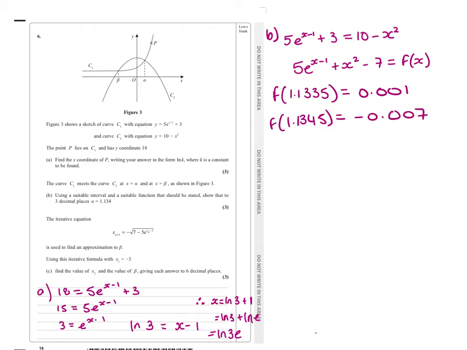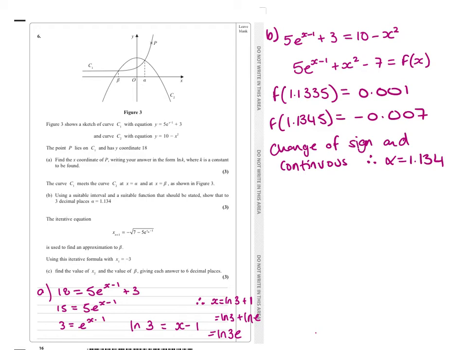So, change of sign, and continuous. Therefore, alpha equals 1.134. Okay, nice and easy, 3 marks.